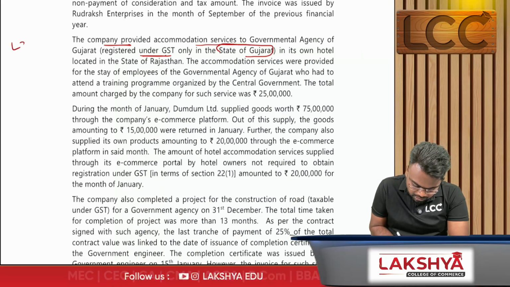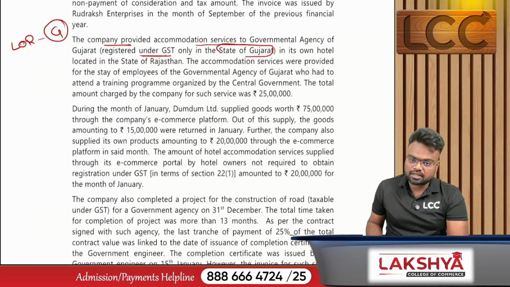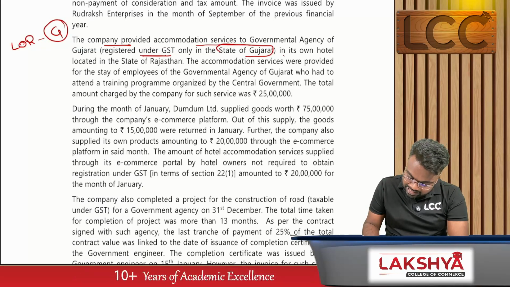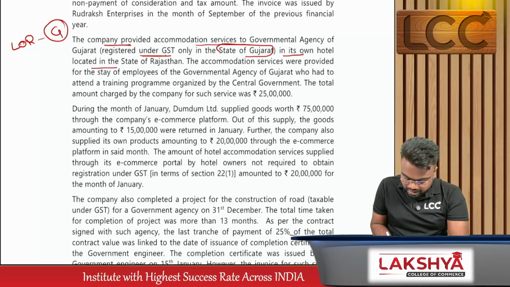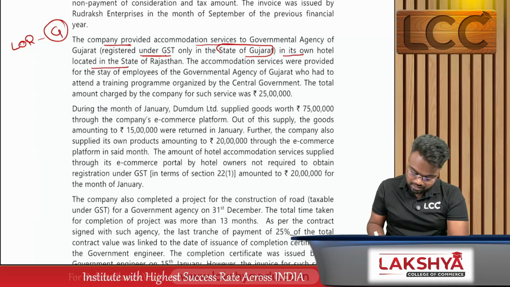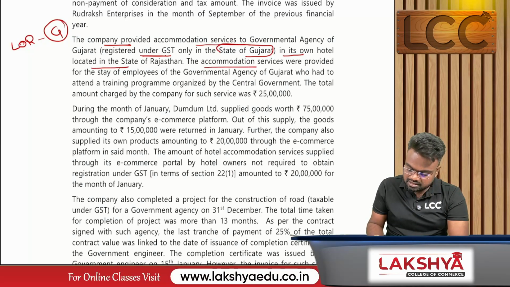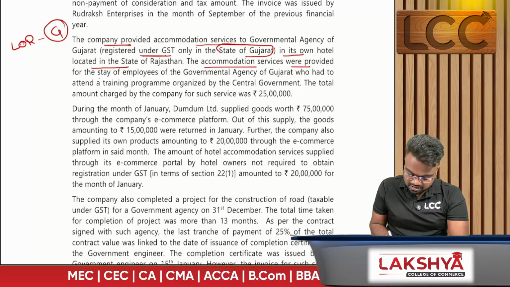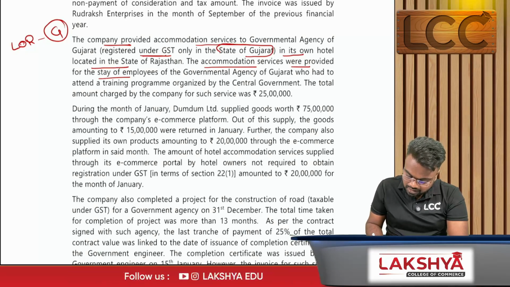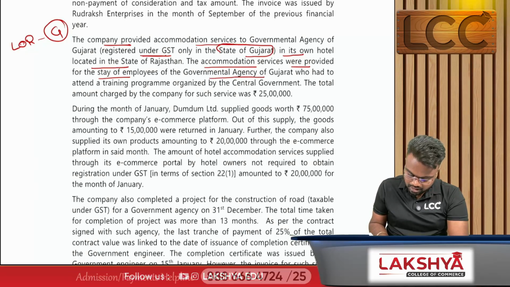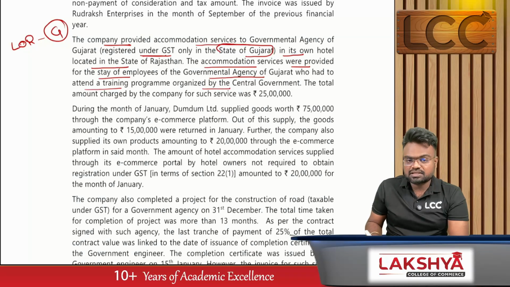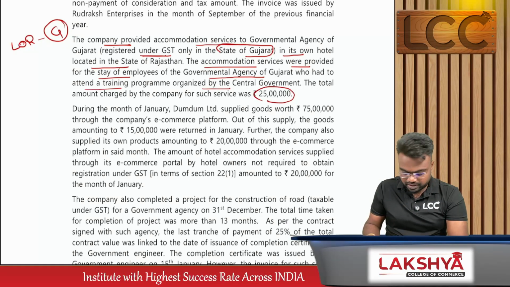So location of recipient, where is the location of recipient? Gujarat. Okay now, in its own hotel located in the state of Rajasthan. The accommodation services were provided for the stay of employees of the governmental agency of Gujarat who had to attend a training program organized by central government, and the value is 25 lakhs.